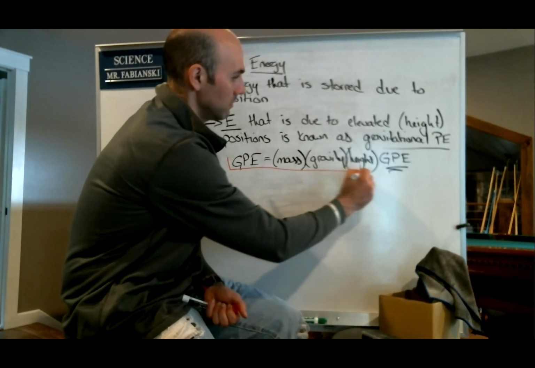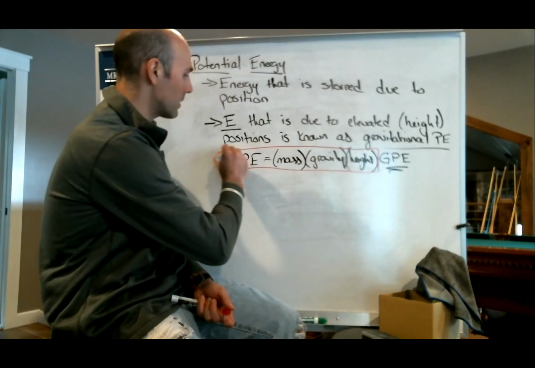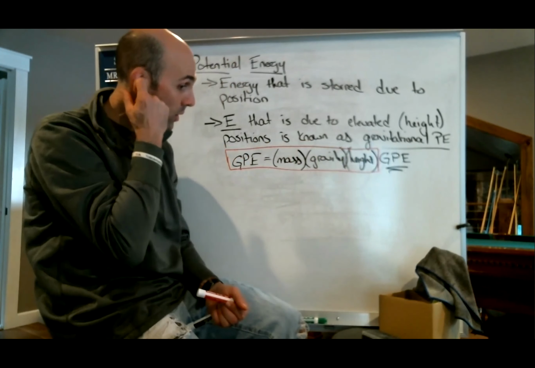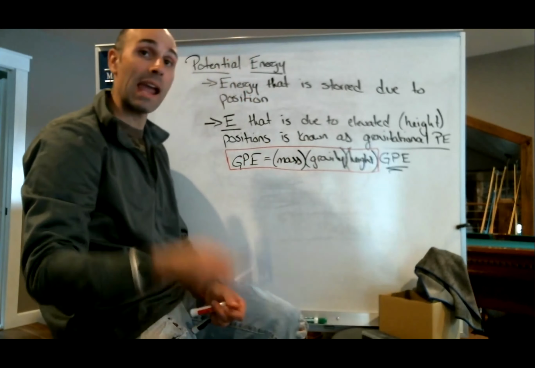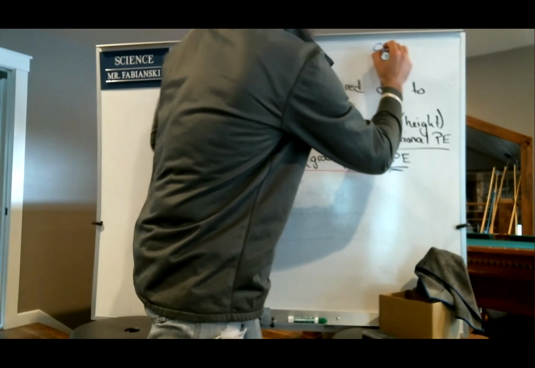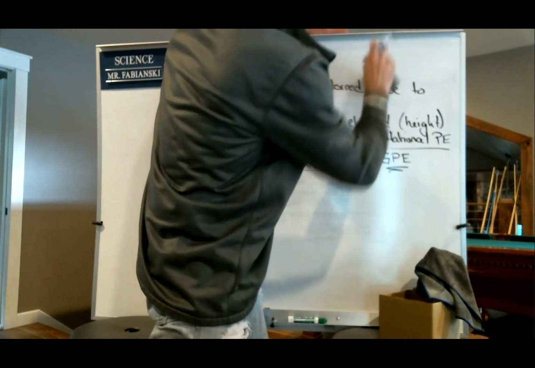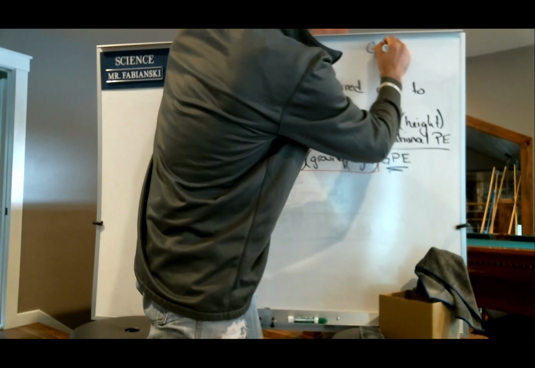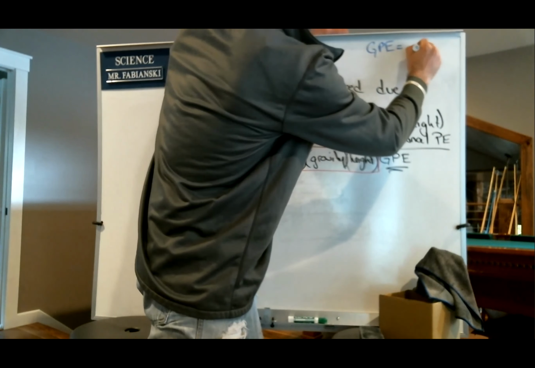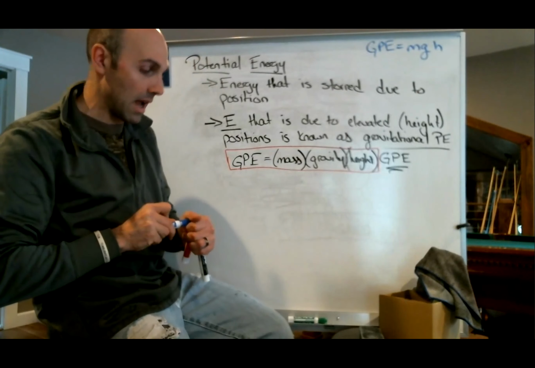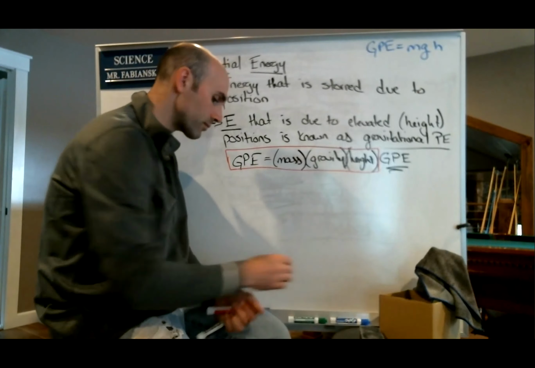So mass times gravity times height. I'll take my handy dandy blue marker and write it right up here. GPE equals mgh. Hopefully you guys can all see that. GPE equals mgh.